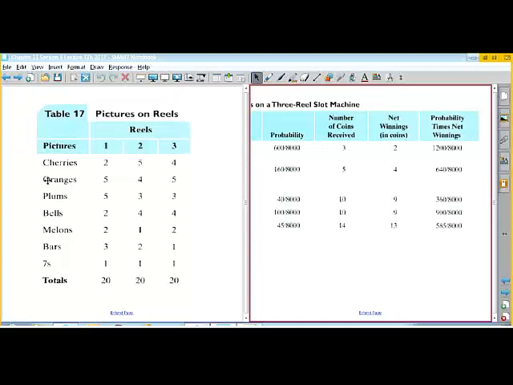You have pictures of cherries, oranges, plums, bells, melons, bars, and sevens. There are 20 pictures on each spinning wheel. And depending upon what results you win or you lose, and if you get certain combinations, then you win more money.